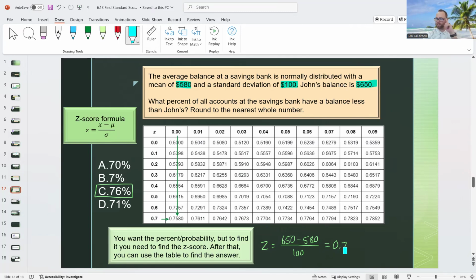So stay focused. That's the z-score, not the percentile, right? We want the percentile though. So let's find the z-score of 0.7. There it is, 0.70 gives you this percentile, and they wanted it rounded to the nearest whole number. Well, that would be 76%. They asked us to round, so we're going to round.